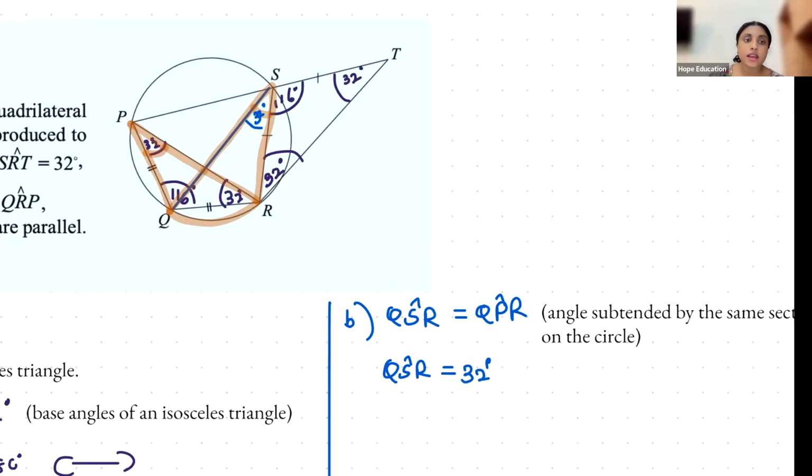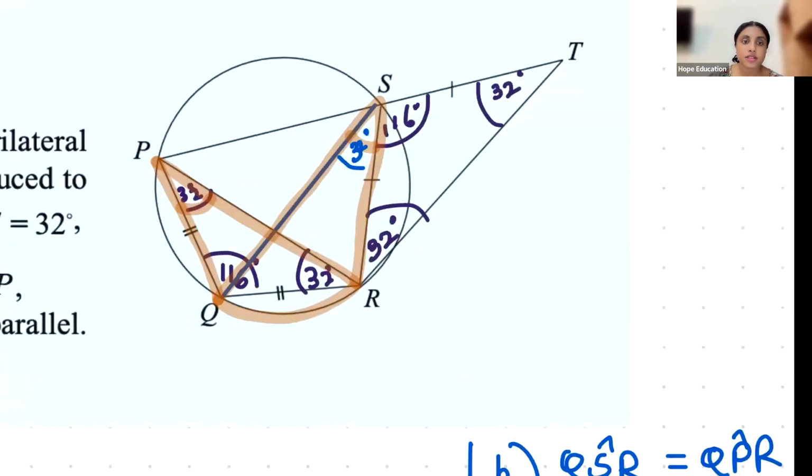Okay, we found QSR. So let me erase these lines for a second. Then look, if these two lines that they're asking us to show parallel are parallel, this is a Z angle.